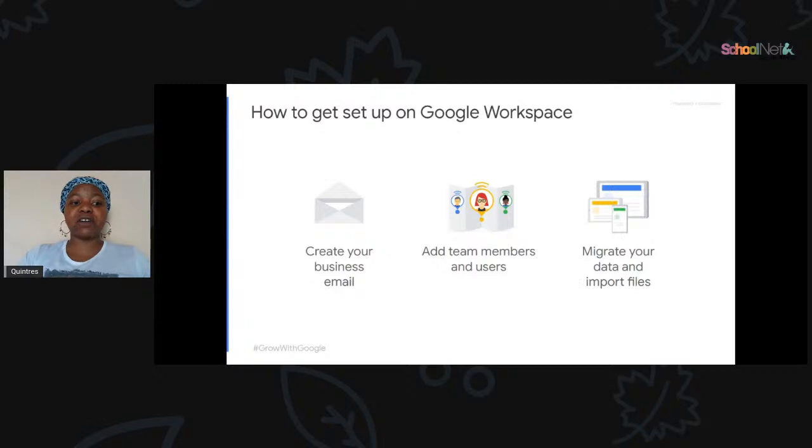We will then look at how to get set up in Google Workspace. Like I said, you will create a business email address, right? To create this Google email address, you don't need to add email addresses as user accounts. Instead, you can create email aliases and group addresses for your business communication. These types of addresses are free and don't count toward your Google Workspace user license.